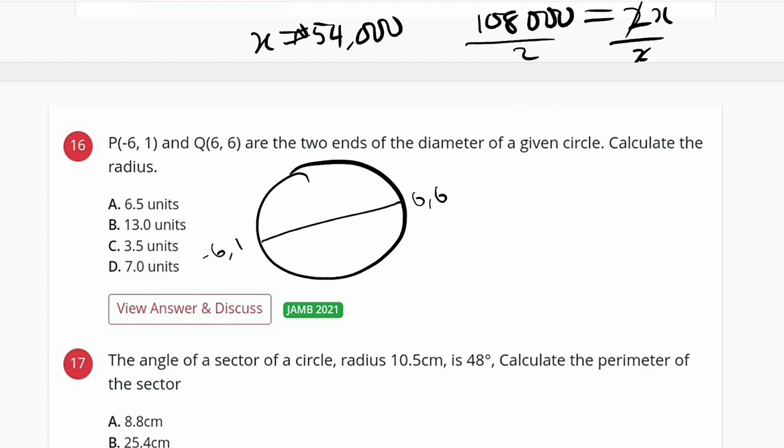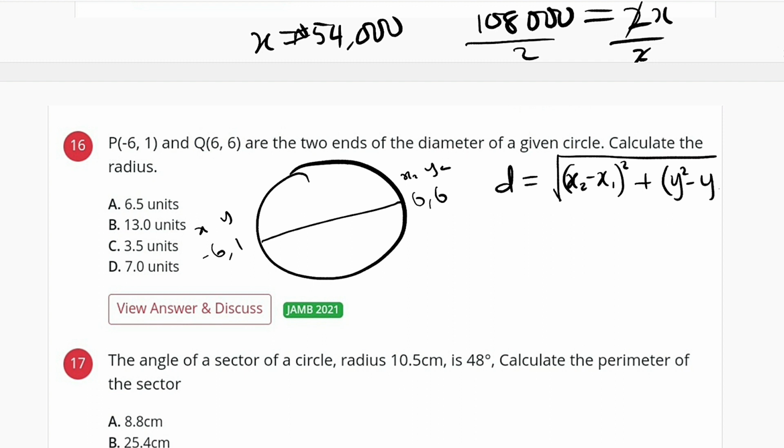So we can use the formula for finding the distance, d, which is equal to the square root of, let's assume this is x1, this is y1, this is x2, this is y2, x2 minus x1 squared, then plus y2 minus y1 also squared. So d will be equal to the square root of, x2 is 6 and x1 is -6.